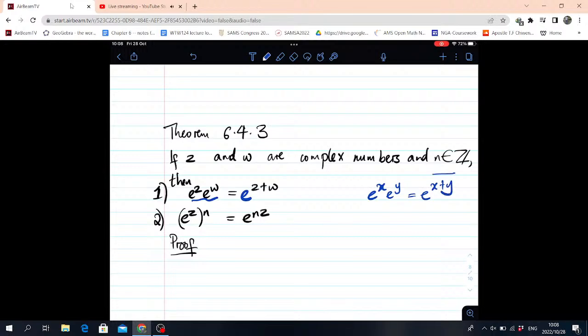That's what we know. And then also with powers, we can say e to the z to the n. Well, if you're dealing with real numbers, we know this is e to the xy.